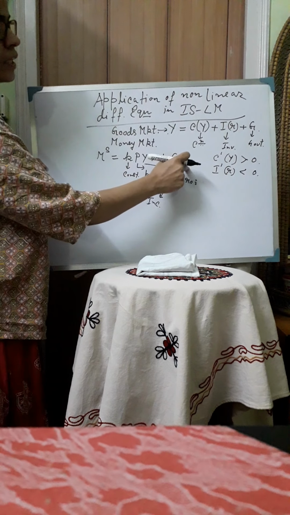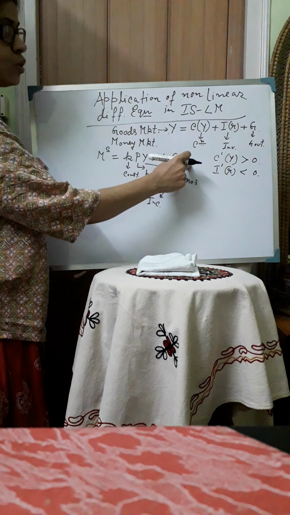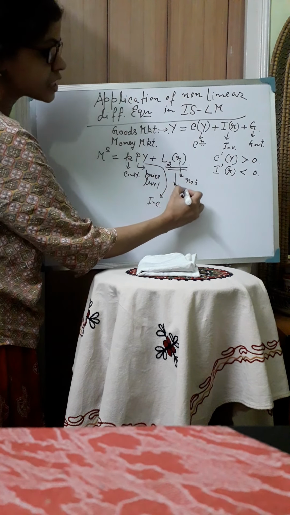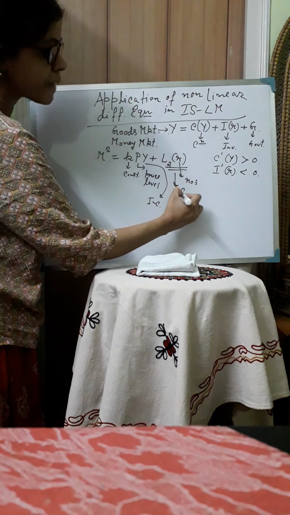The second component is represented by L2(R). This is called the speculative demand for money. If we have an excess amount of money in our hands, then we want to speculate with that money.